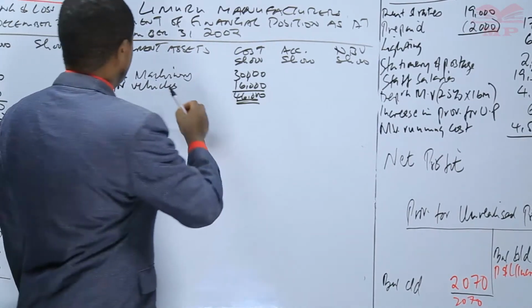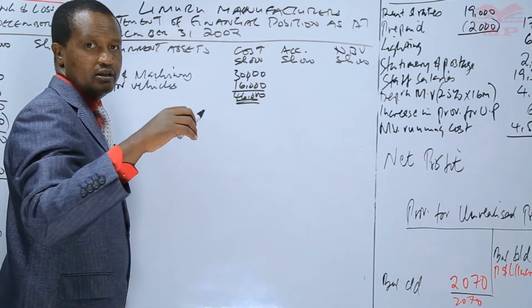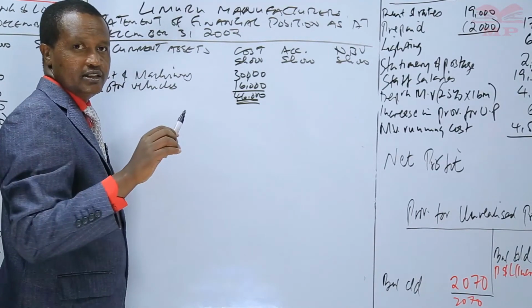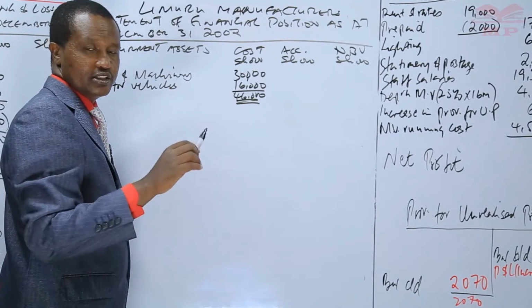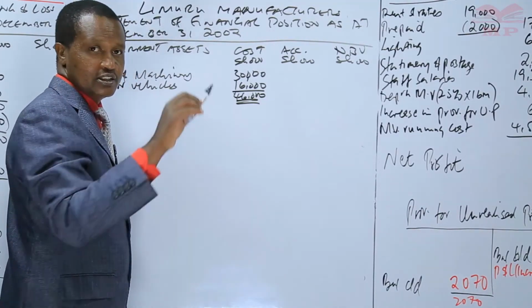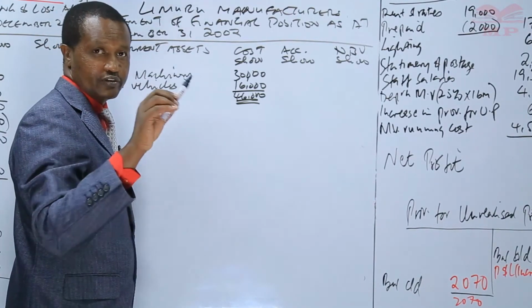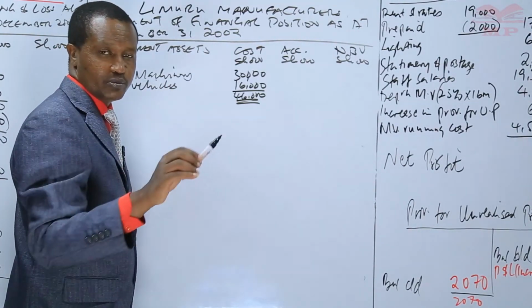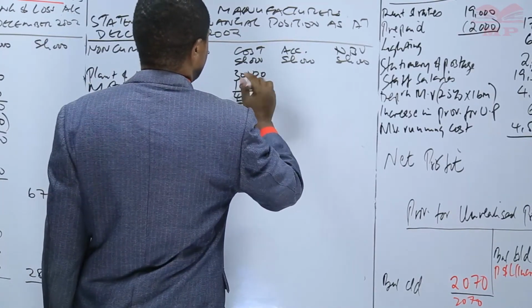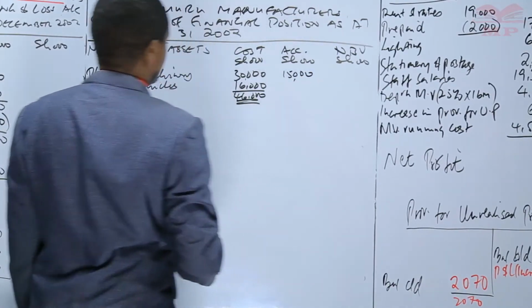So for the plant and machinery, the accumulated depreciation from the balances is 12 million. We add the depreciation on plant and machinery, which in this case constituted part of the factory overheads, of 3 million. So 12 million plus 3 million is equal to 15 million. All right.